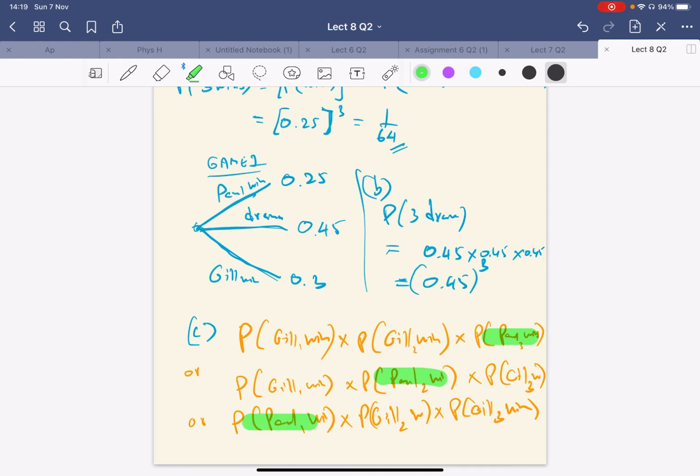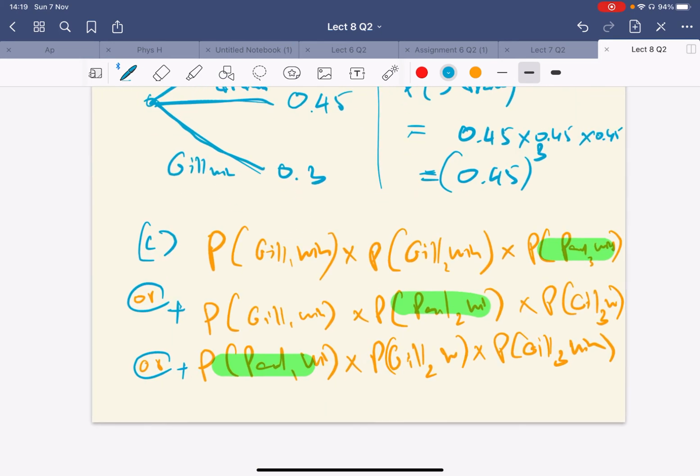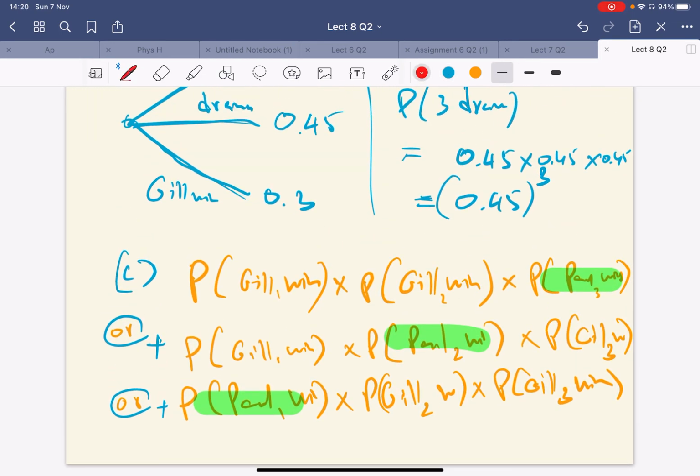So I have to find out the word "or" here means you add, right? So list all out. If I have to write it out, let me just write it in small here.